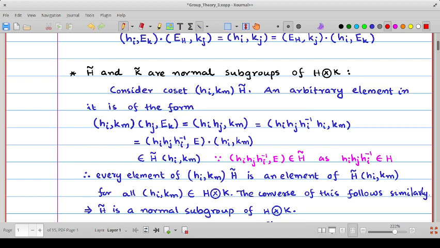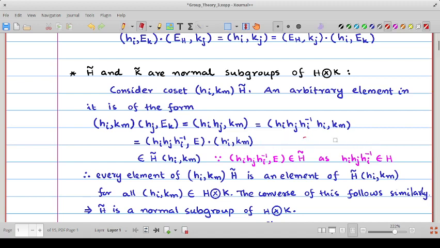And therefore we can see that this is actually equal to something like an element, say some Hk and Ek dot Hi Km, and therefore this quantity is an element of the right coset of H tilde with Hi comma Km.